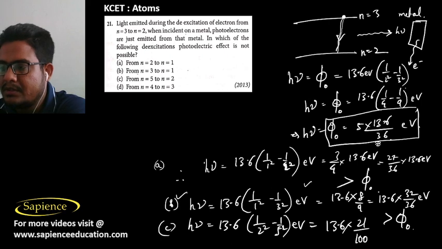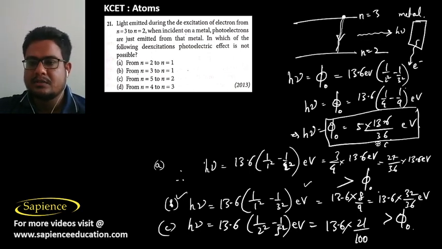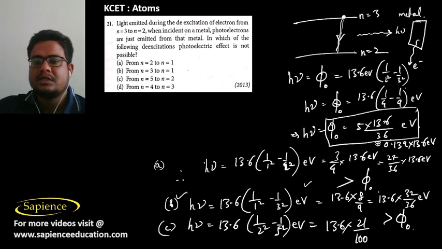Now 5 by 36 is approximately equal to 0.139, but this is 0.21, which is obviously more.